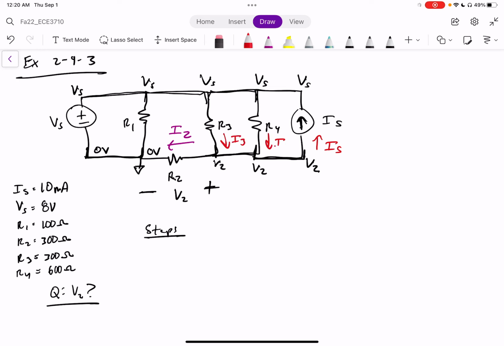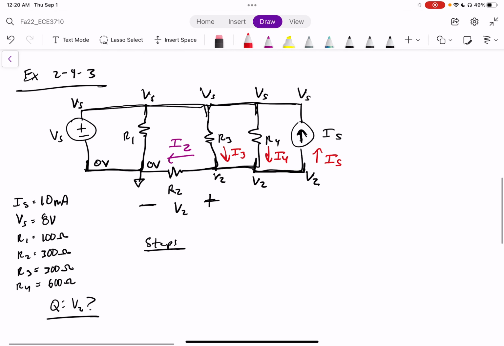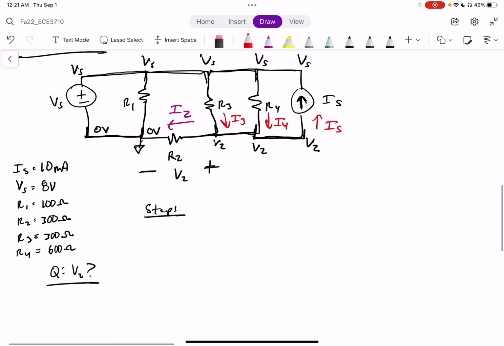I3, I4. Again, reiterating step number 3, assign current at the unknown node. So the unknown node is V2, but you have to make one current go from V2, the unknown node, to ground. That's in purple. The red, I3, is going towards V2. I4 is going towards V2. Current sources must be left as is. So that's why IS is going up, because that's the way the current source is originally going. Step number 4 is complete KCL at unknown node.